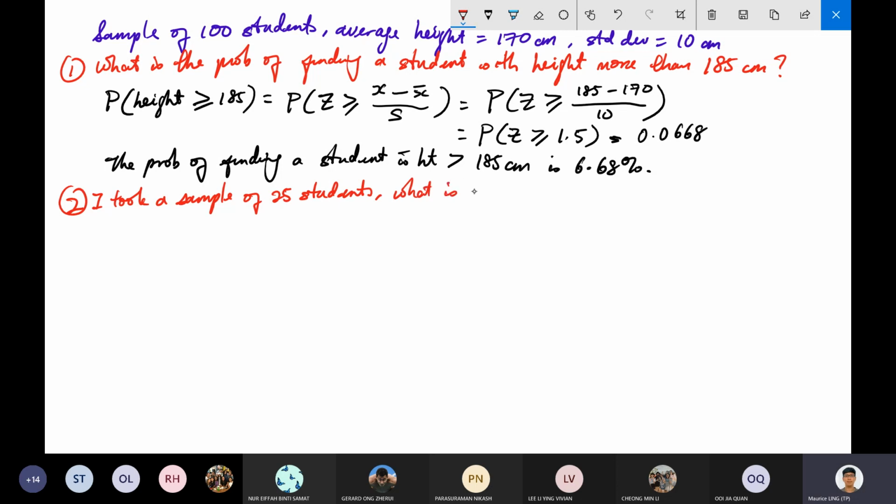What is the probability that the average height of these 25 students is more than or equals to 175 cm? So you see the difference here? Here I'm finding the probability of one student. Now I'm finding the probability of a sample of students.